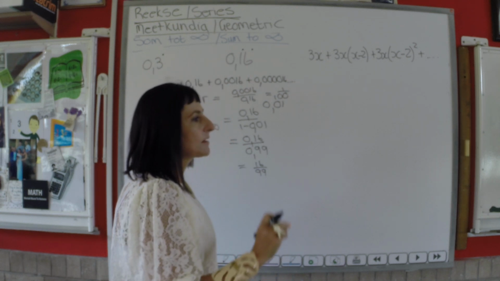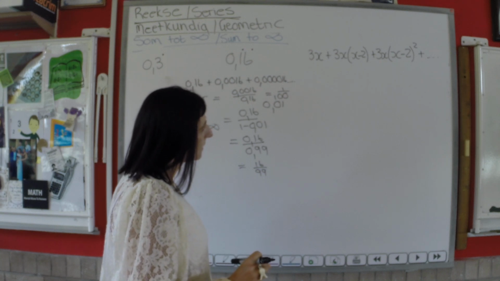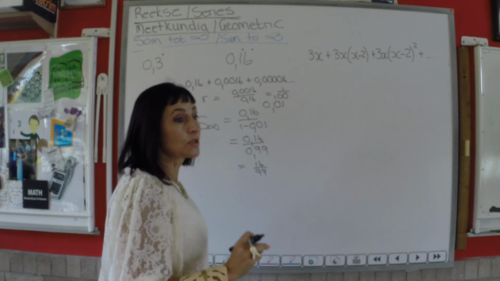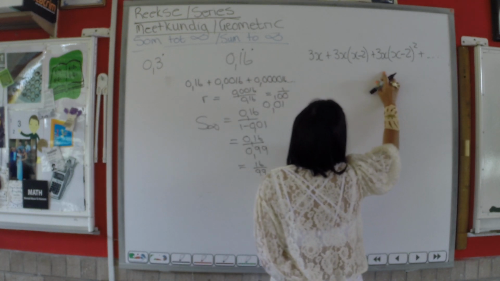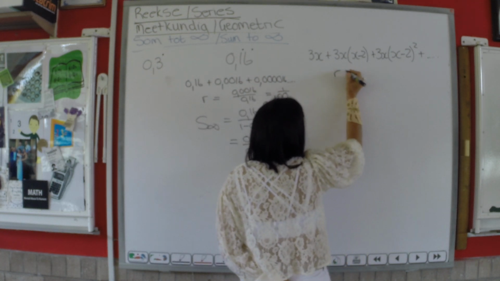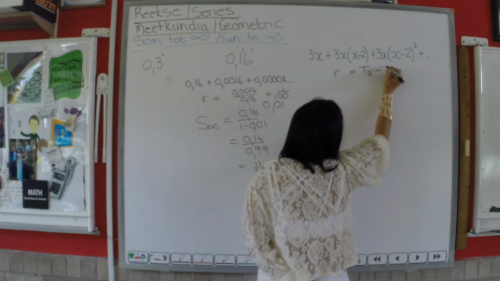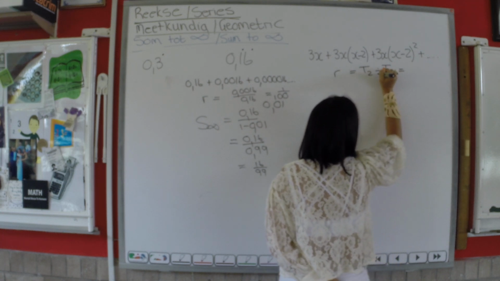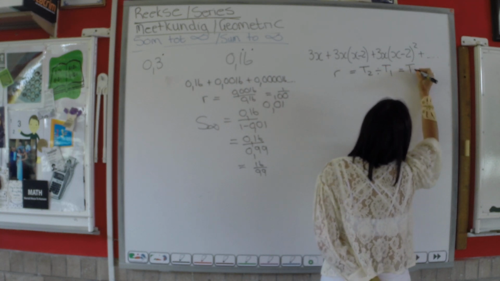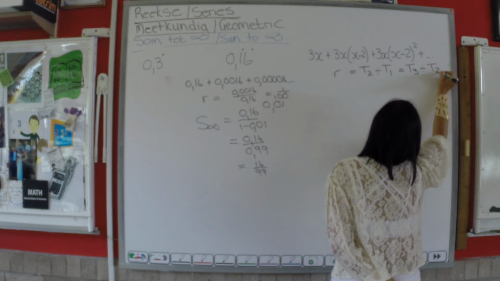So jy weet dat R moet lê tussen min 1 en 1, that's your learning work. And so you can determine the value of R. It's going to be term 2 divided by term 1, and that must equal term 3 divided by term 2.